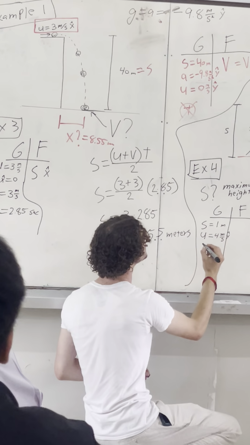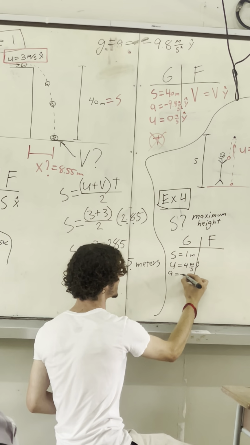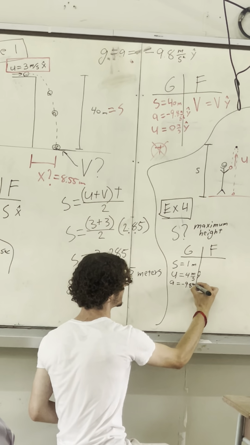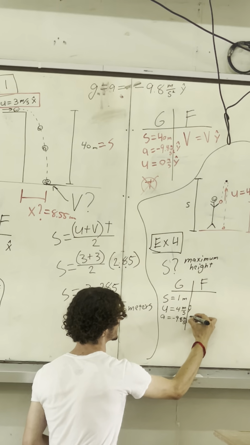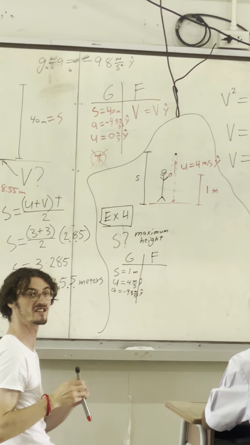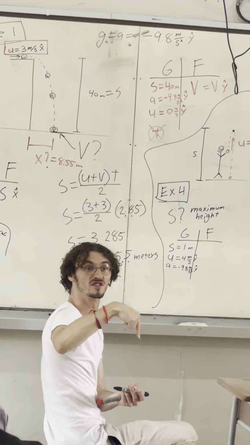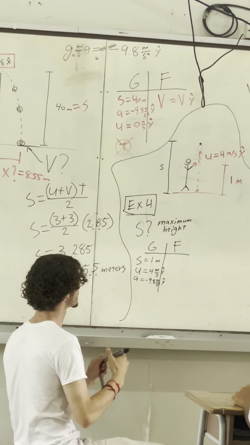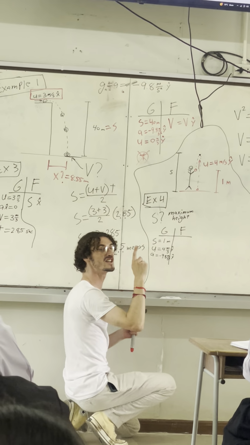We know the acceleration is negative 9.8 meters per second squared. It's in the y direction, but acceleration is down. Gravity is down, so it's negative 9.8, while the initial velocity is up.